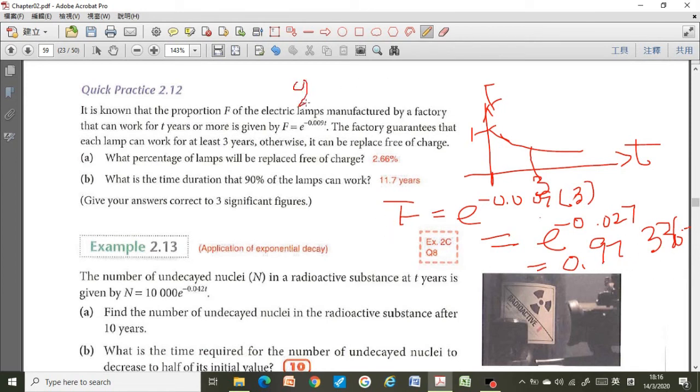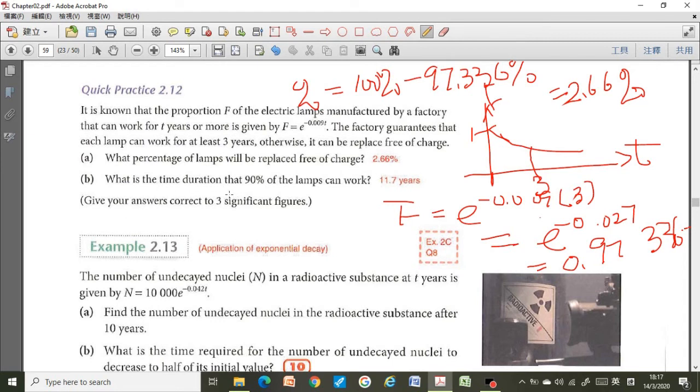So the percentage is equal to 100% minus this 97.336%, which is equal to 2.66%, correct to 3 significant figures. You will find we always get the answer, which is 1 minus the remaining part in the DSE. So you must remember this.